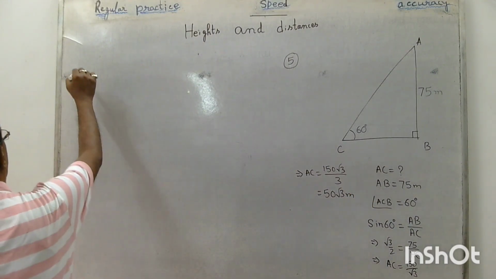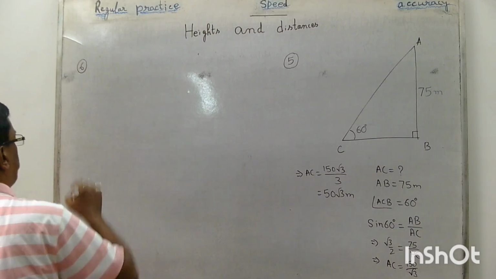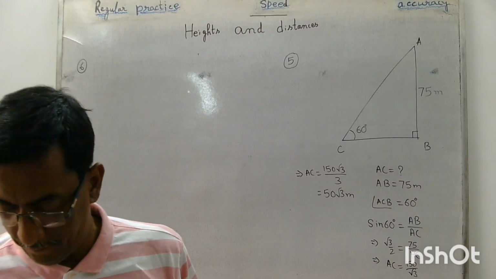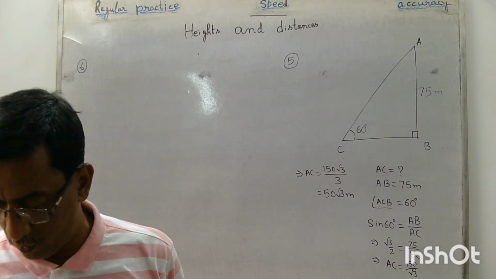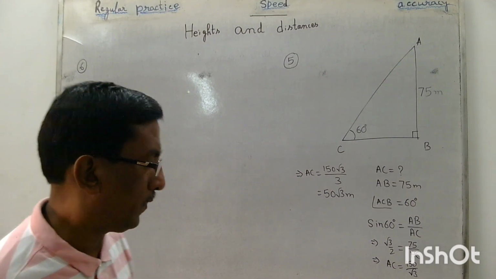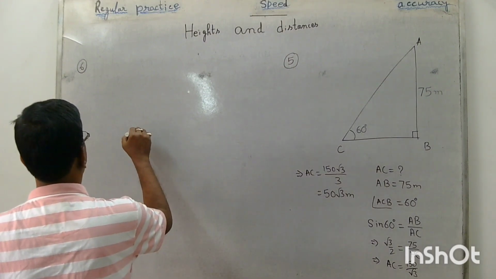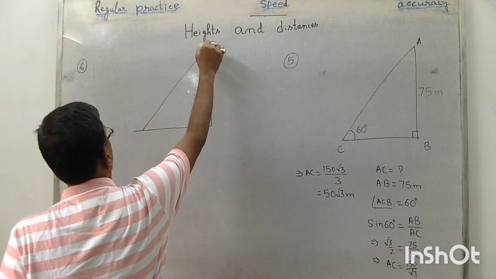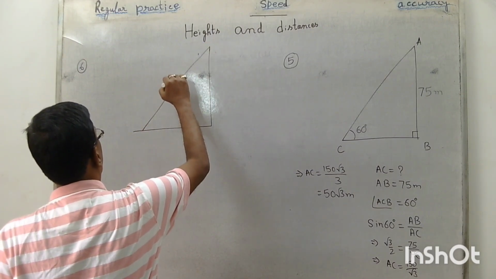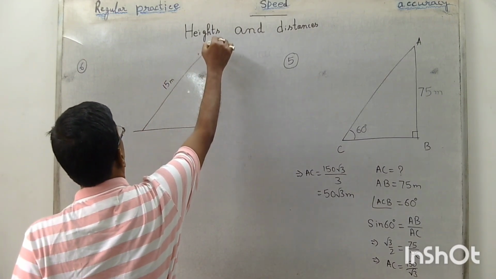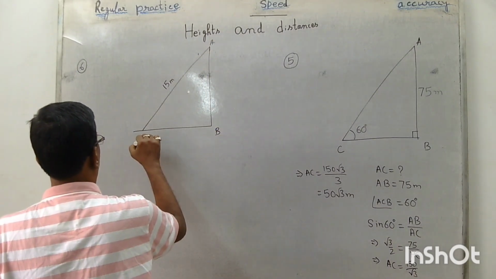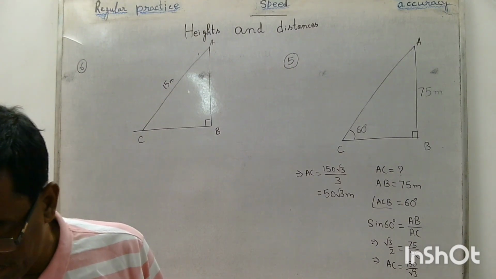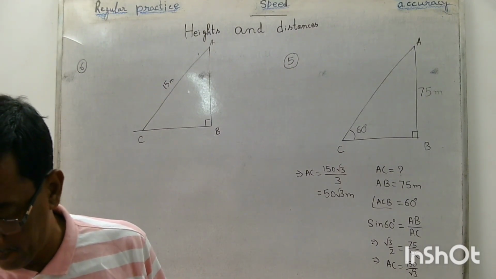Now come to problem number 6. A ladder 15 meter long just reaches the top of a vertical wall.